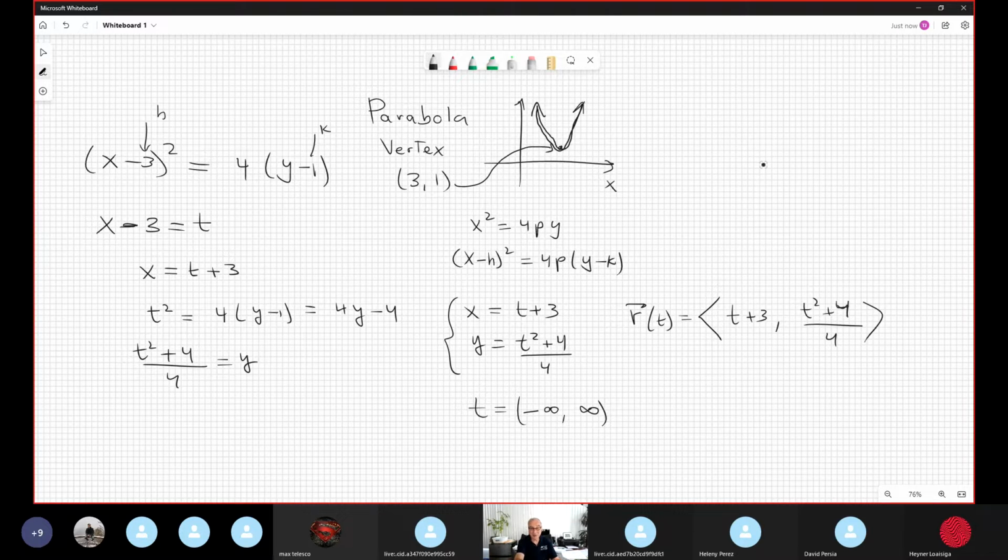The hyperbola we studied before is not closed. However, the t domain is bounded between negative pi over 2 and positive pi over 2. Cool?